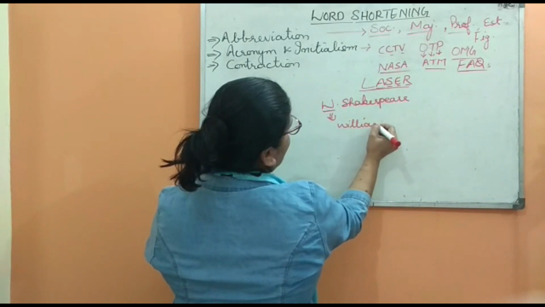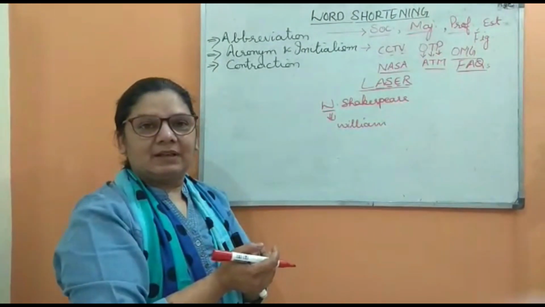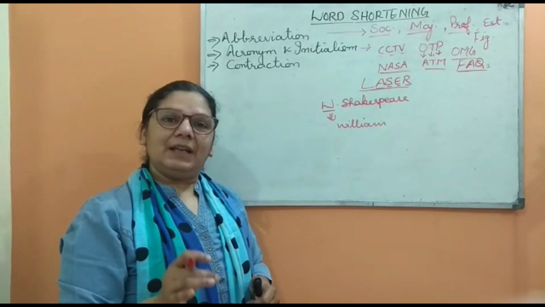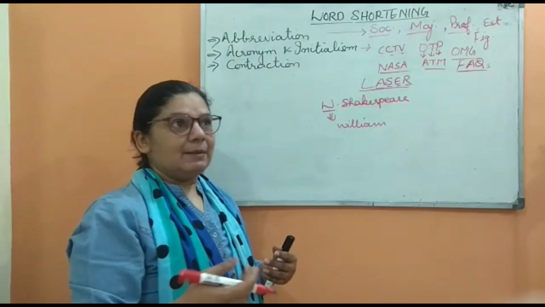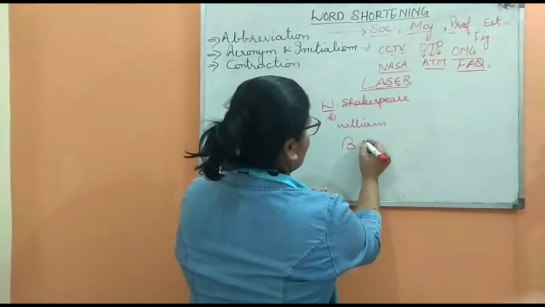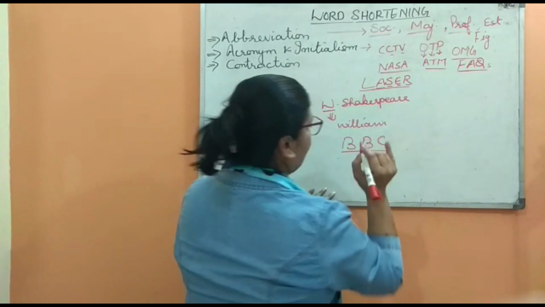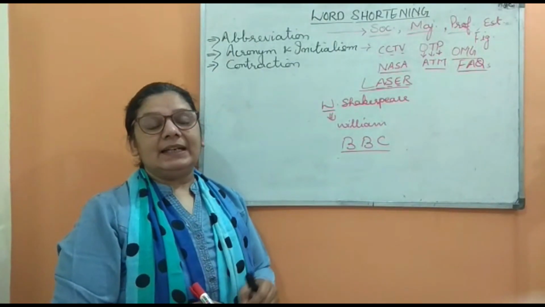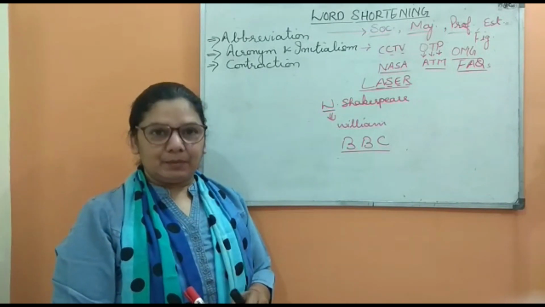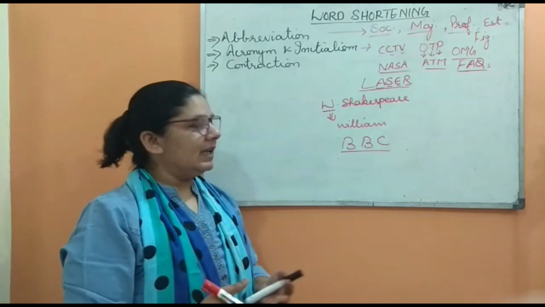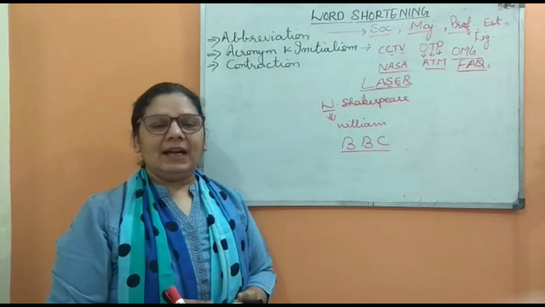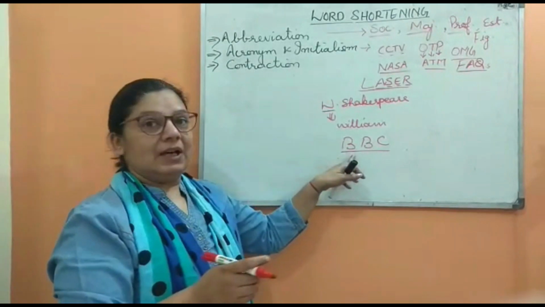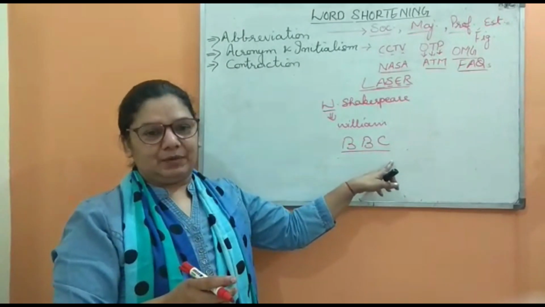We use his initial, W. Shakespeare. Another example is BBC, a news agency. You know it is the British Broadcasting Corporation, but we generally say, I heard this on BBC, I watched this on BBC. That is the initialism for the British Broadcasting Corporation.